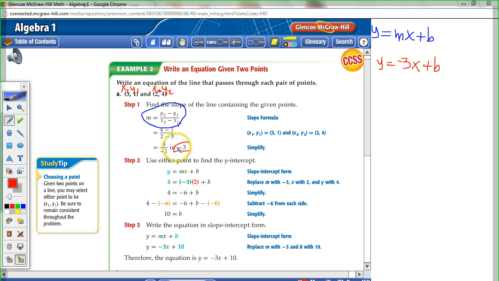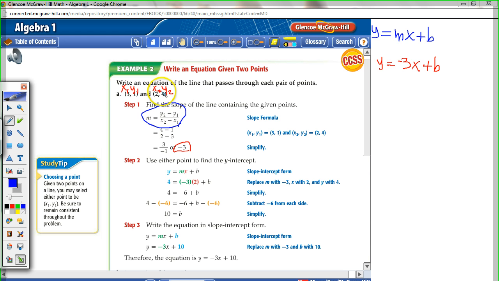Alright, now that I have my slope, I can choose either one of these points. Just like the example we did on the previous page, now you have a slope, and all you need to do is find the y-intercept. So let's choose one of these points. Either one will do. The textbook used (2, 4), so let's go with that.